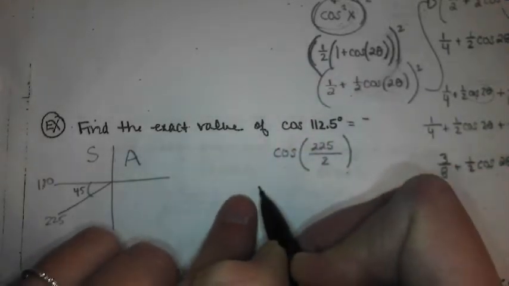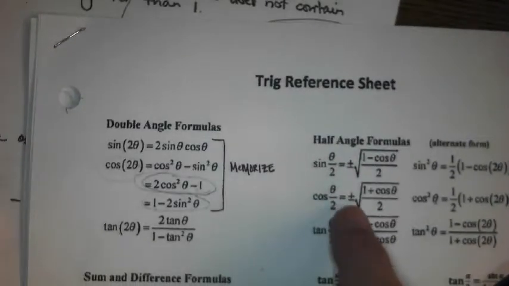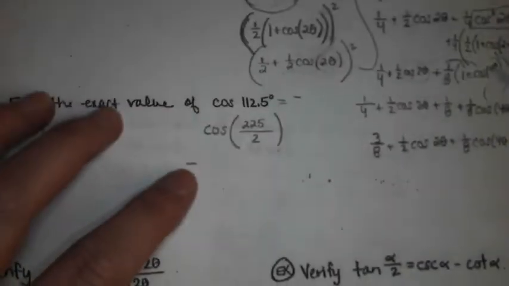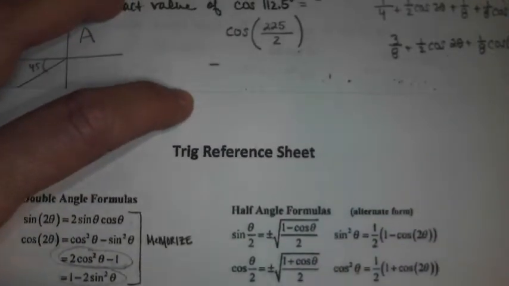So when we go to apply this formula from the reference sheet, we're going to use the negative when it comes to plus or minus. So we're going to choose to use the negative. And then, I wish I could get these all on the same sheet. There we go. Success. So I chose the negative based on the quadrant that the angle is in.